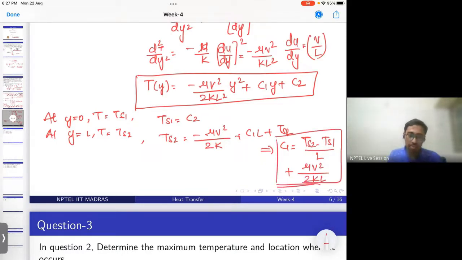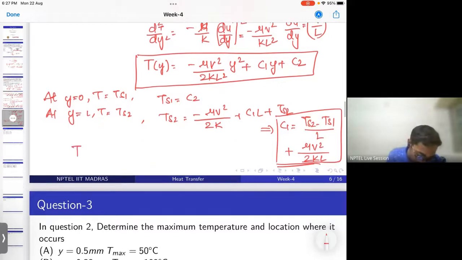If you substitute this, we will get the temperature T, but some rearrangement is required. Because of space constraint, I'm writing the final expression. When you put this c1 and c2, both expressions are correct.